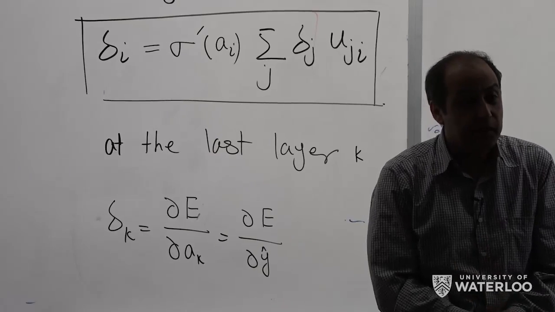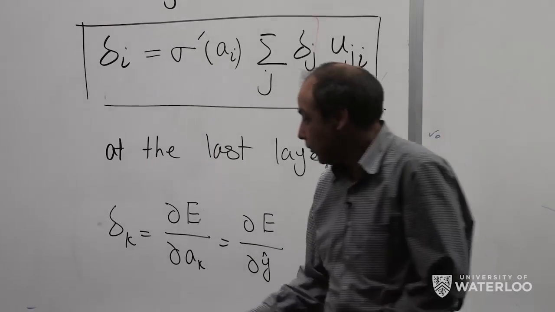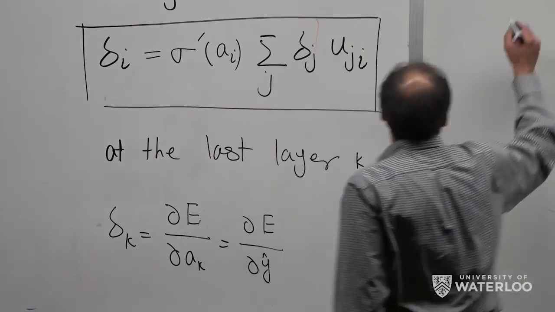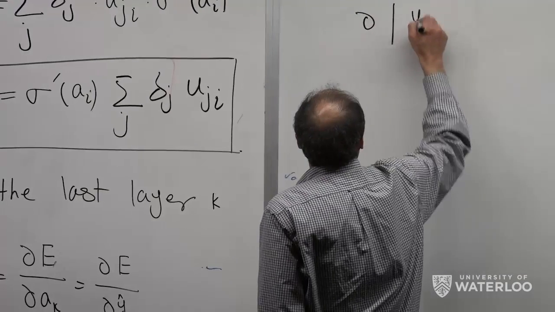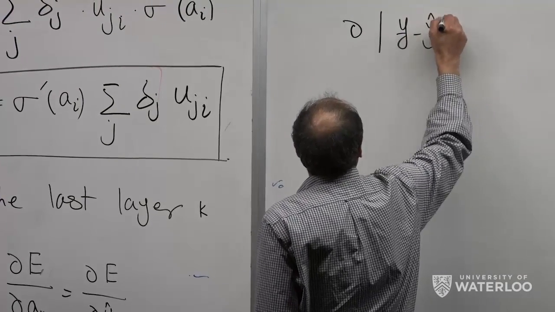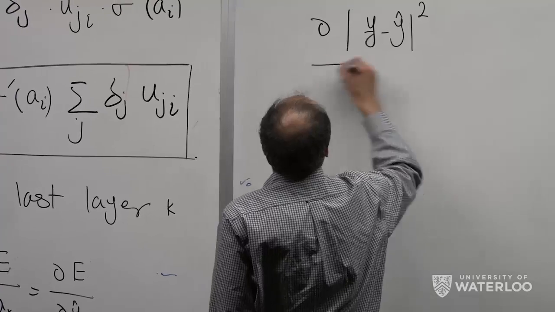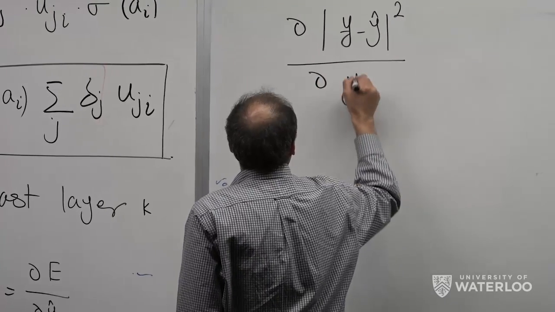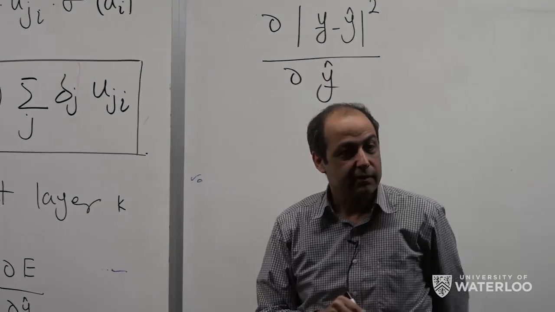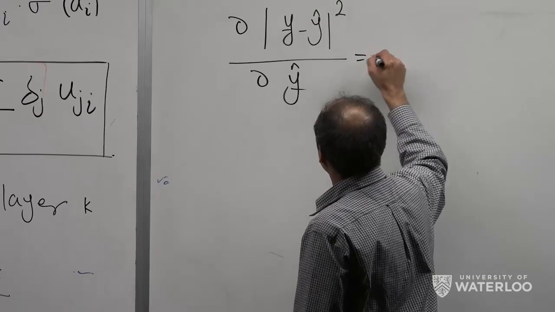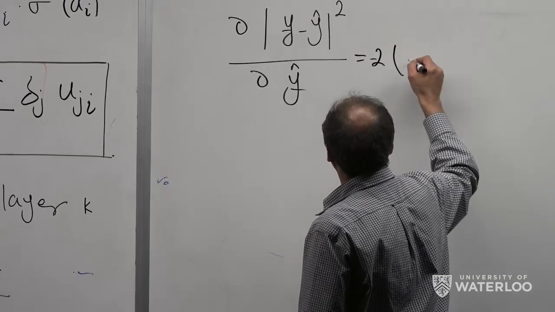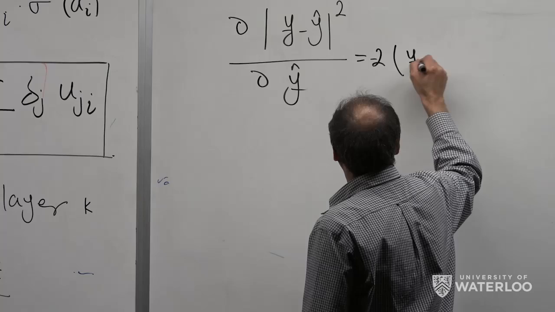And this I can compute. For example, if my E is y minus y hat squared, then I can take derivative of this with respect to y hat. It is simply negative 2 times y minus y hat.